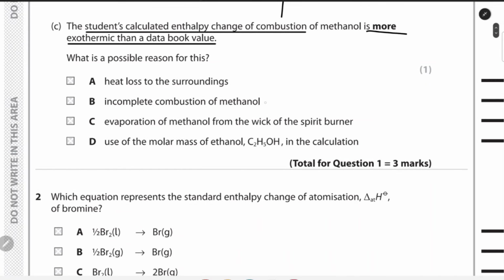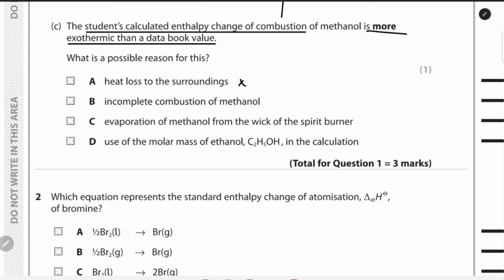Same case for incomplete combustion. If there was incomplete combustion, the temperature change would be smaller since less energy is released when the combustion is incomplete. This would give a less exothermic value for the enthalpy change of combustion.